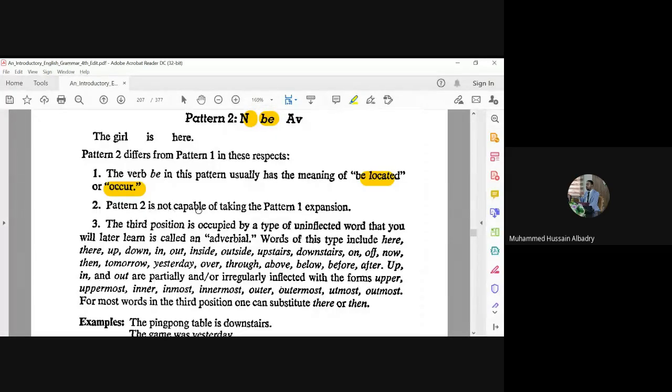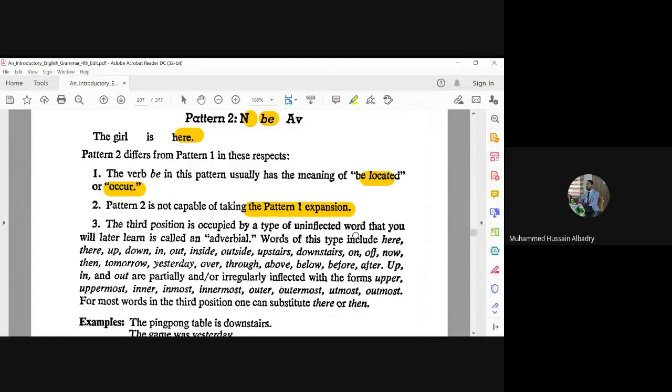Pattern number 2 is not capable of taking pattern number 1 expansion. ما يستقبل expansion قلنا. ما يصير تقول مثلا the girl is very here or the here girl is very here. Wrong. The third position is occupied by a type of inflected word. Inflected.